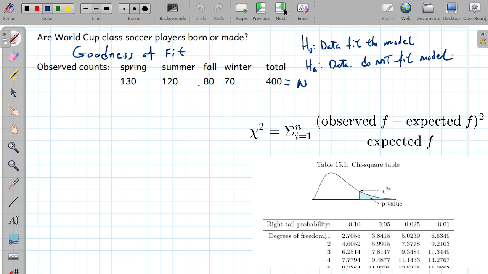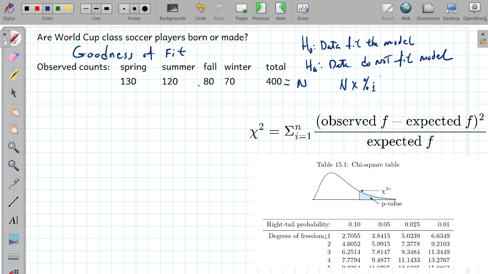So I didn't give us a percentage. N times percentage expected. Here we have to think between the lines. Are World Cup class soccer players born or made? The observed counts from this study were broken up into the seasons: spring, summer, fall, and winter. Although I suppose you could break it up into twelfths if you wanted to.